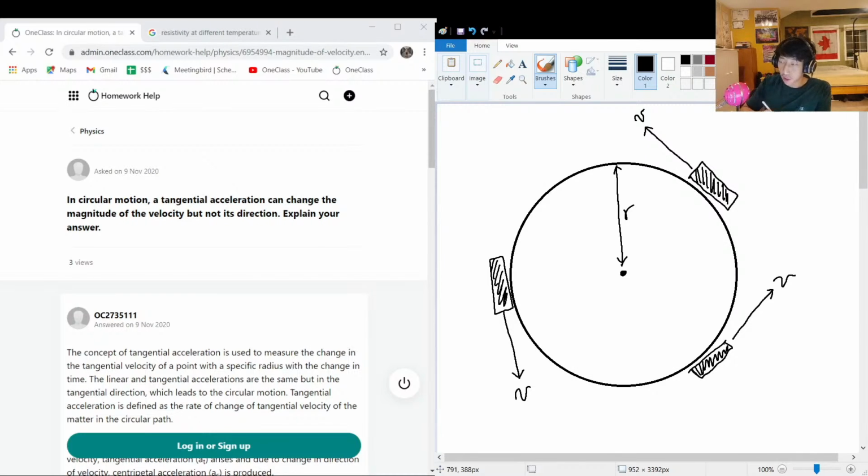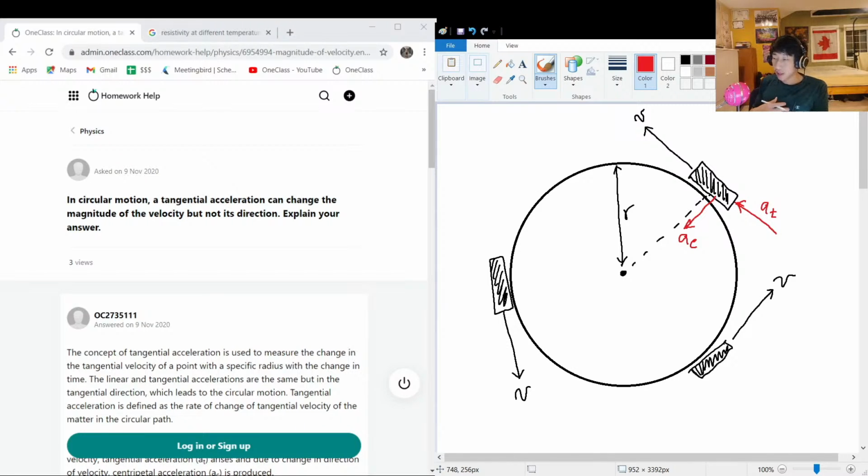Now, when we have circular motion, we have two types of accelerations that are possible. We have this acceleration along this path, which I'll put in a different color to make it clearer. This is going to be a centripetal acceleration. That's one. And we always have another one, which is tangential acceleration.